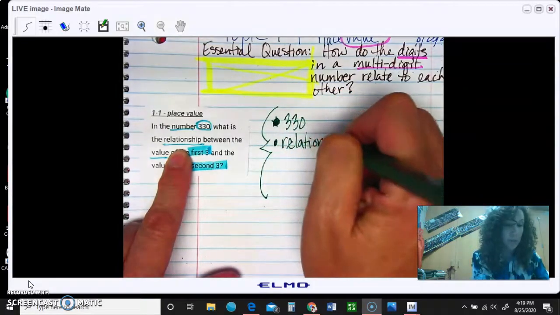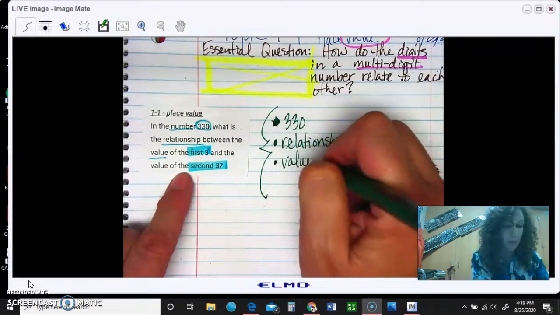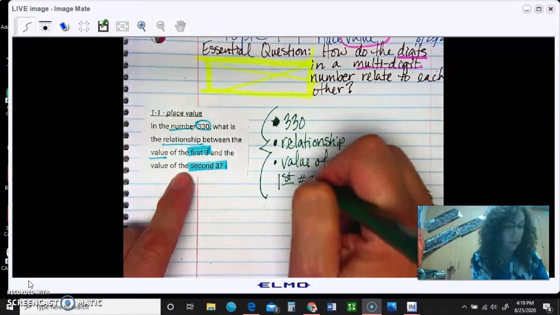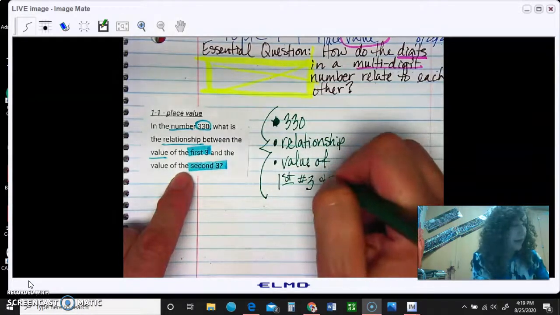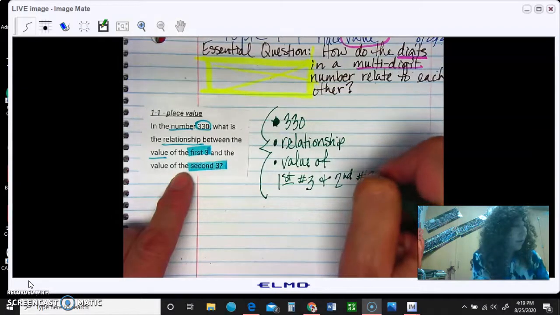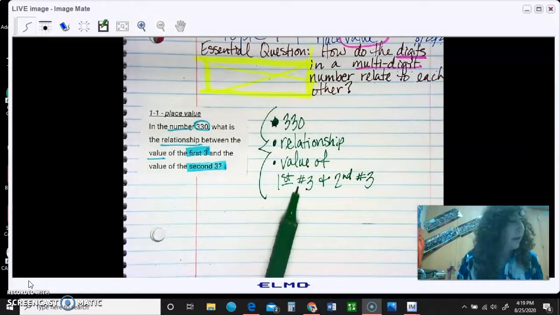And then we have value of the first number 3 and the second number 3. Now, pop culture currently, we call that a hashtag, but old school, that's a number sign.